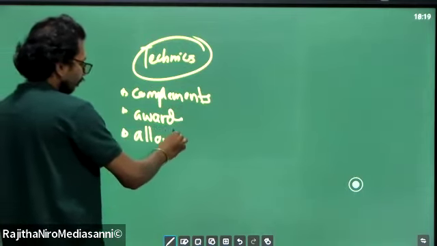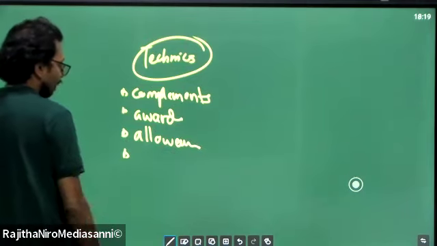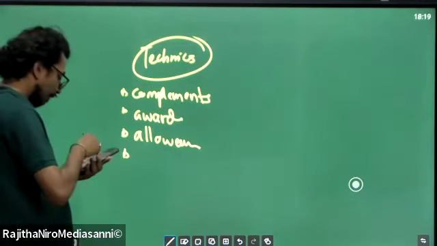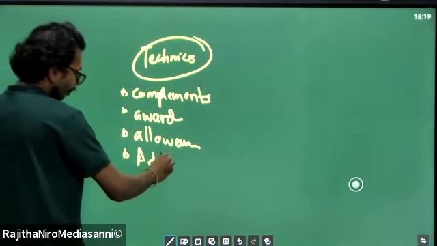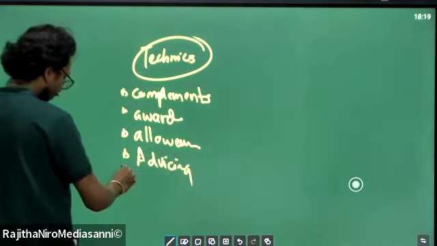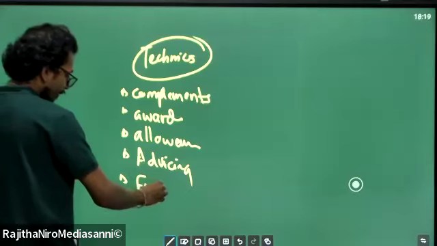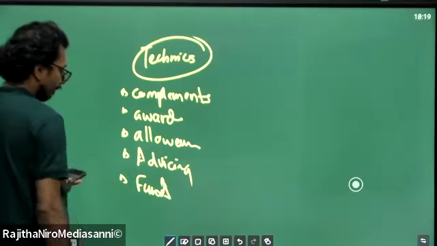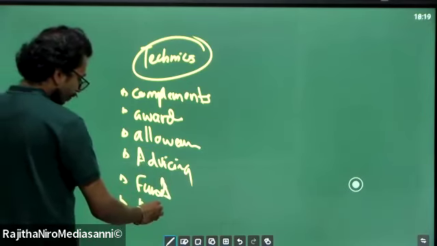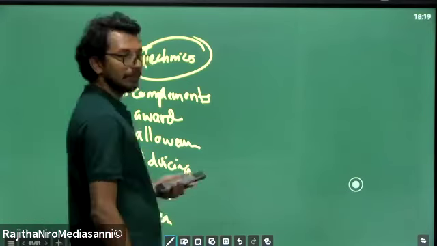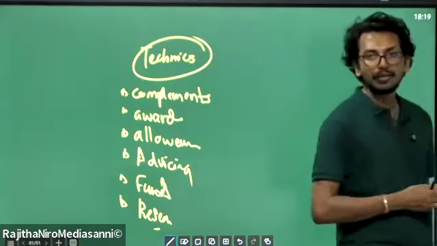Allowance is there. After that, I add advocacy and advising ideas. Funds are there. After that, research is there. This type of thing is only a one-time idea.